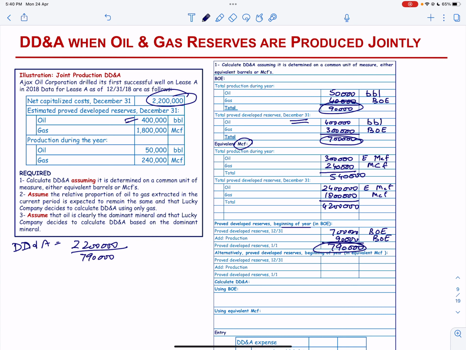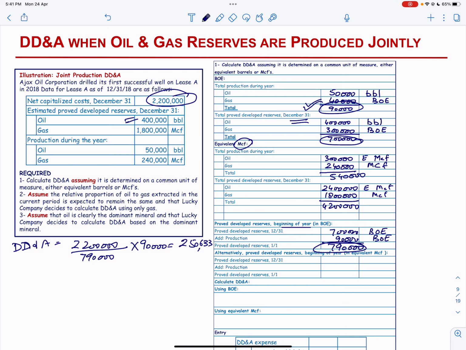Because this is at the beginning of the year, we are going to multiply by the production during the year, that is 90,000. This is equal to 250,633.